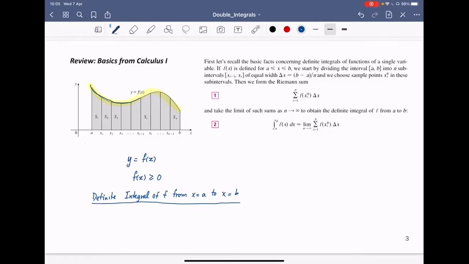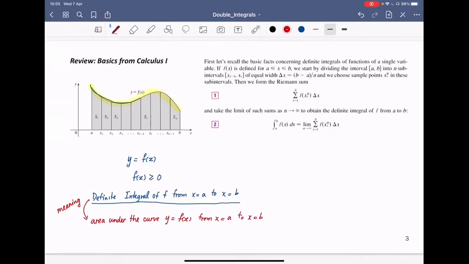Well, this means, the meaning of the integral, this is the area under the curve, right? The area under the curve y equals f(x) from x equals a to x equals b.